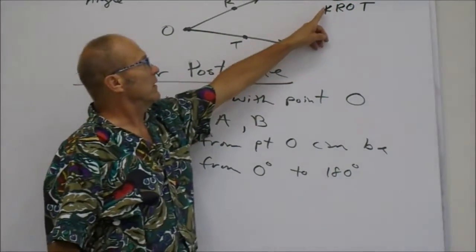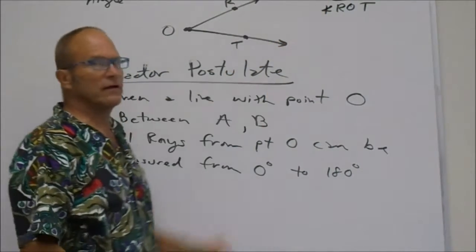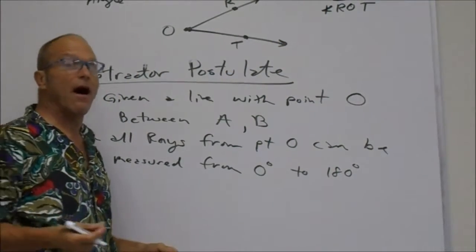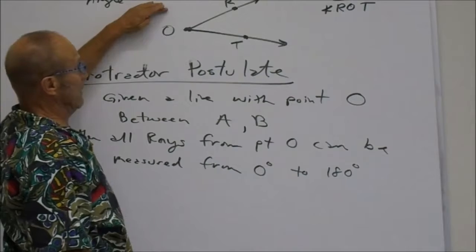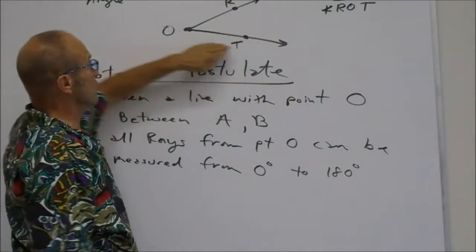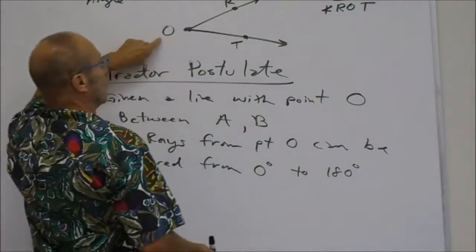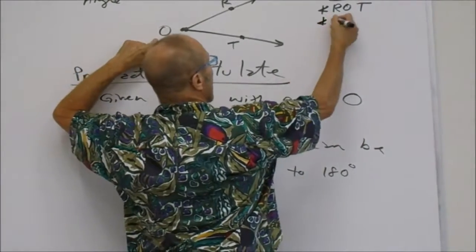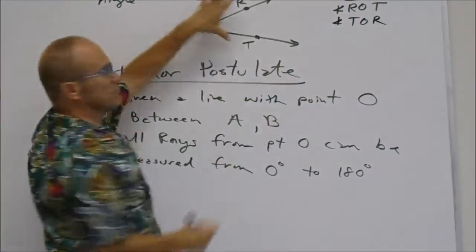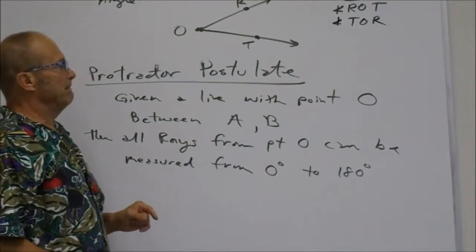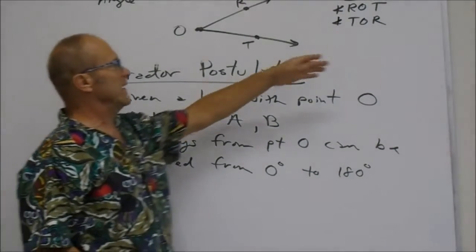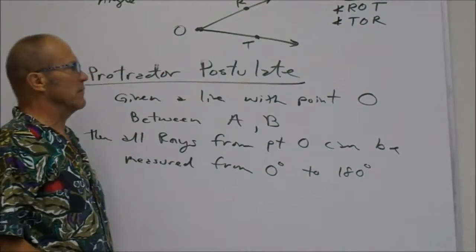And I use the little angle symbol with the arc around it to make sure you don't think it's the letter L. And then finally, the other way to do it is to go from the T and go to the O and go out the R. Either one of these is perfectly fine. Normally we do try to use the lower letter first, but they're both fine.